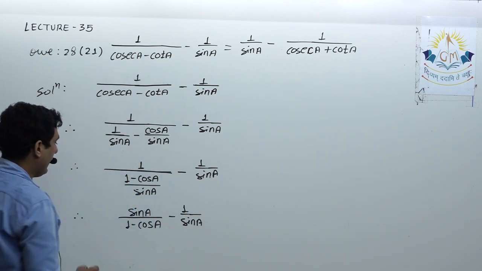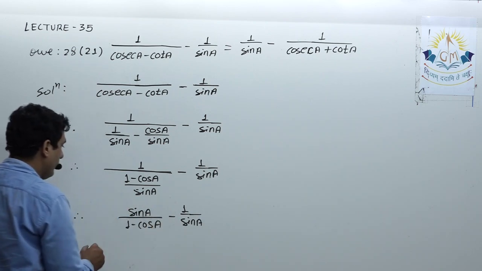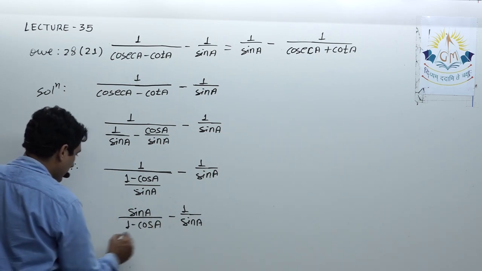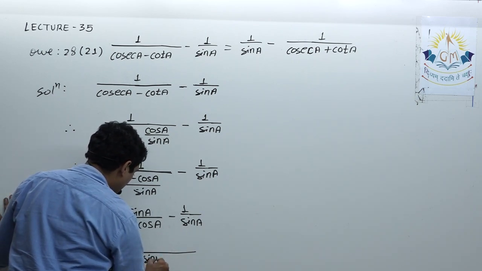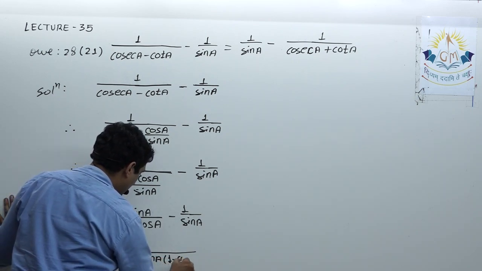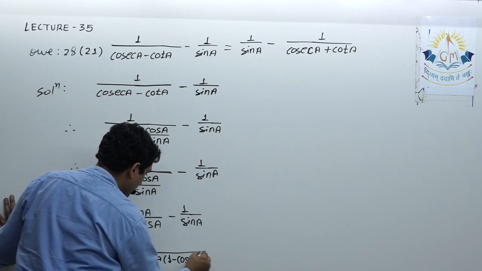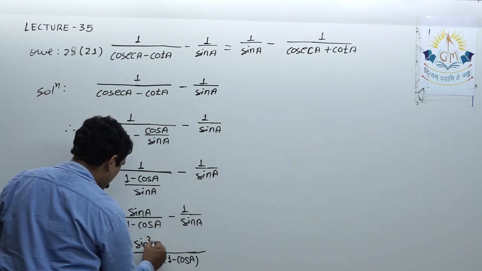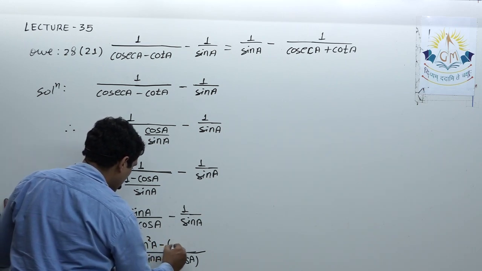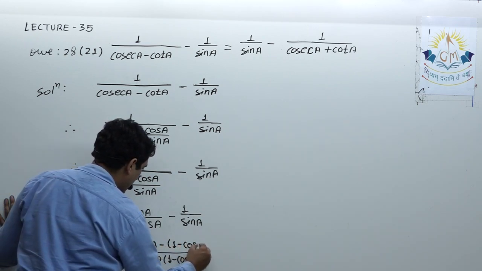Okay, now here I can take LCM once again. So take LCM, here I will get sin A into 1 minus cos A. So here I will get sin square A minus (1 minus cos A).